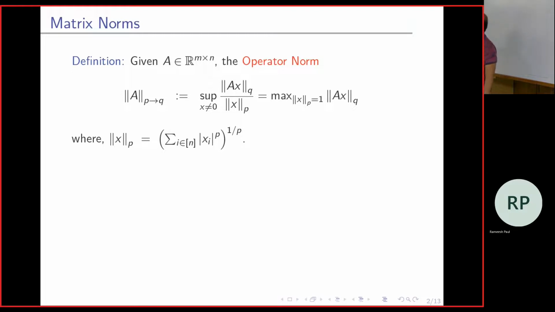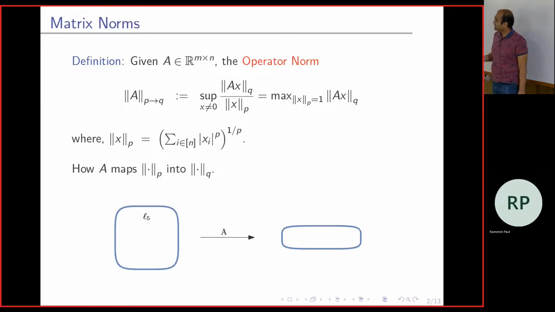Okay. So what is it measuring? It's measuring stretch in some sense. Let's assume that I have the unit ball of the domain norm, and let's take the map that just scales Y by some factor. Then you are asking, what's the L1 diameter of this image?